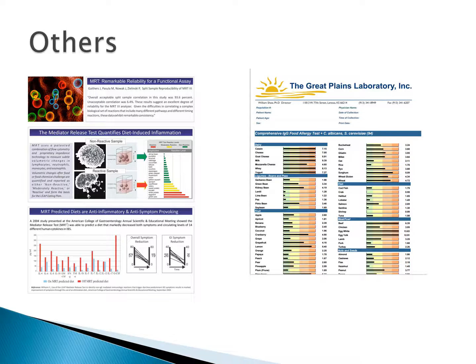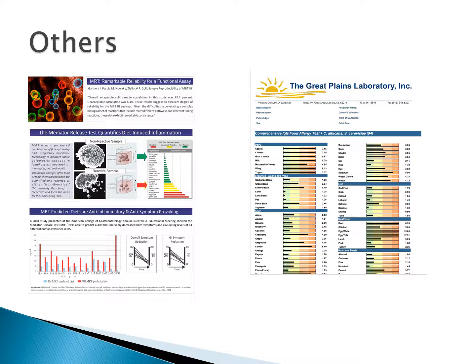Now, the other one is actually using a comprehensive IgG food allergy test. So they look at whether or not you actually have a certain variety of IgG antibody, and then if you have that antibody, they suggest the chances at which you'll actually be allergic to it.